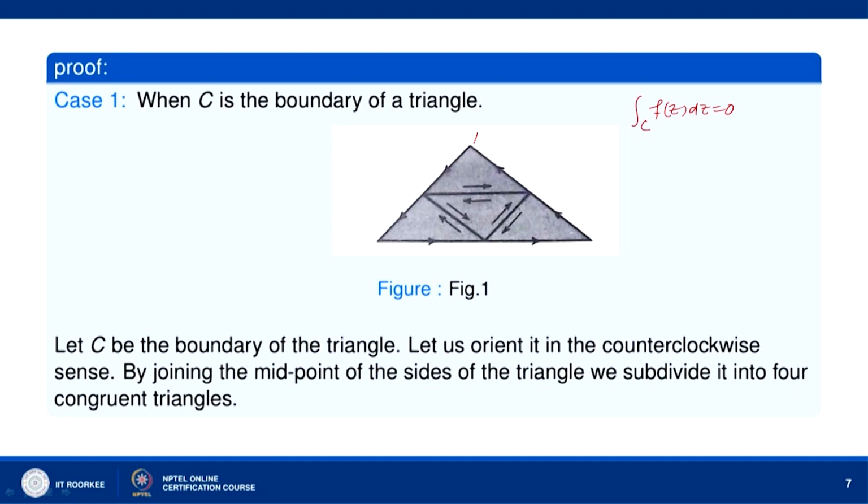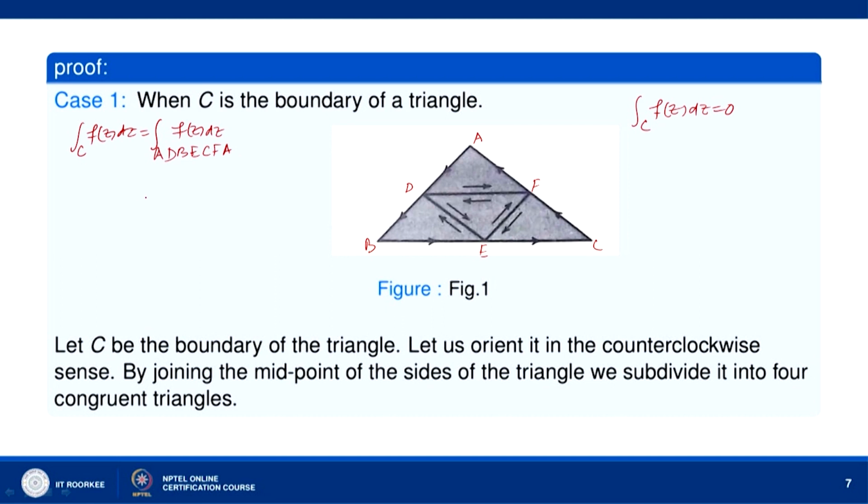So, here let me say this is A, this is B, this is C, this is D, E, F. Then the integral over C of f(z) dz will be equal to the integral over A D B E C F A of f(z) dz.